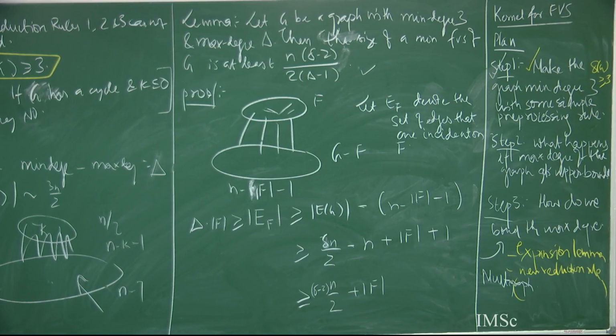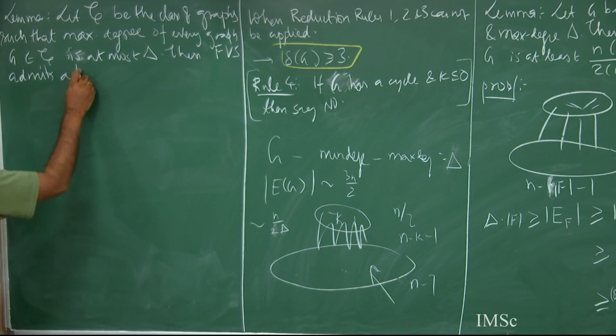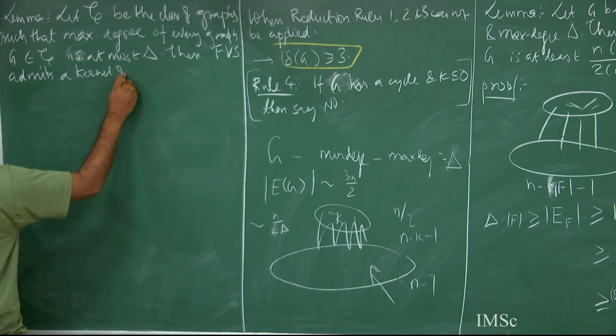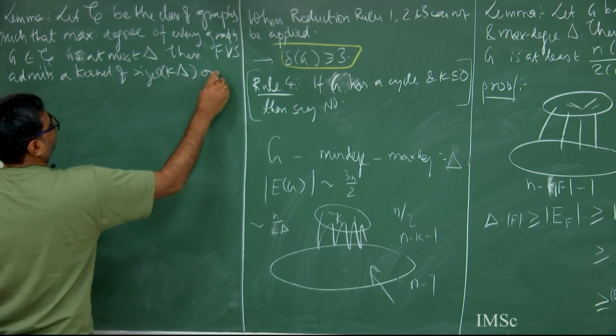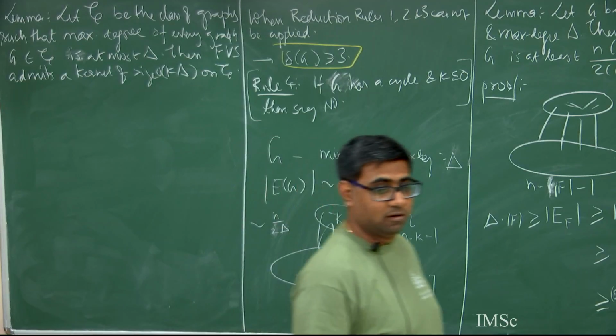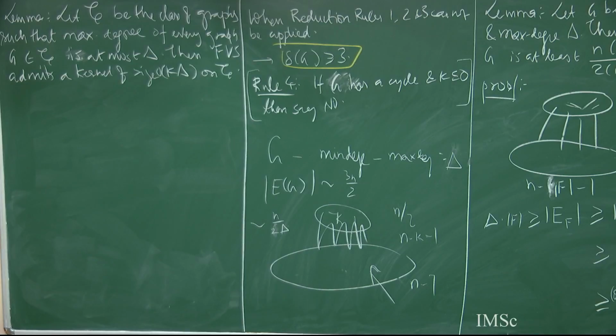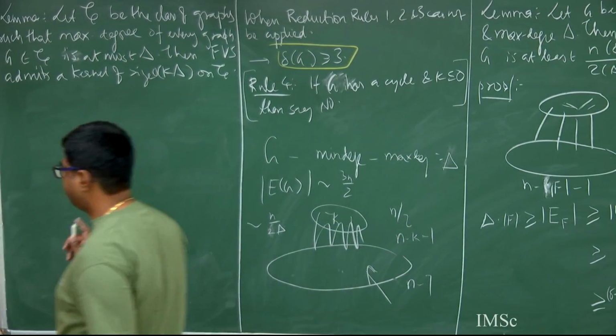Then feedback vertex set admits a kernel of size order k delta. I am going to prove this. So for example, the class could be one where every vertex has degree bounded by 100. Delta could be anything. Let us prove this because this will be the important ingredient.